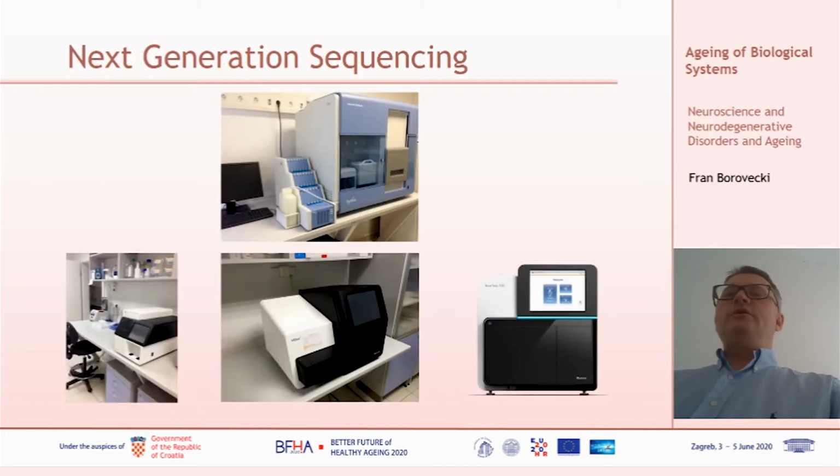We've been using such methods, based on next-generation sequencing, for 10 years now in Zagreb. We started with Illumina GAIIx, then Illumina MiSeq. Now we have Illumina NextSeq 550, where we can use the machine in a standard fashion to analyze whole exomes in all the patients where we think it's necessary.